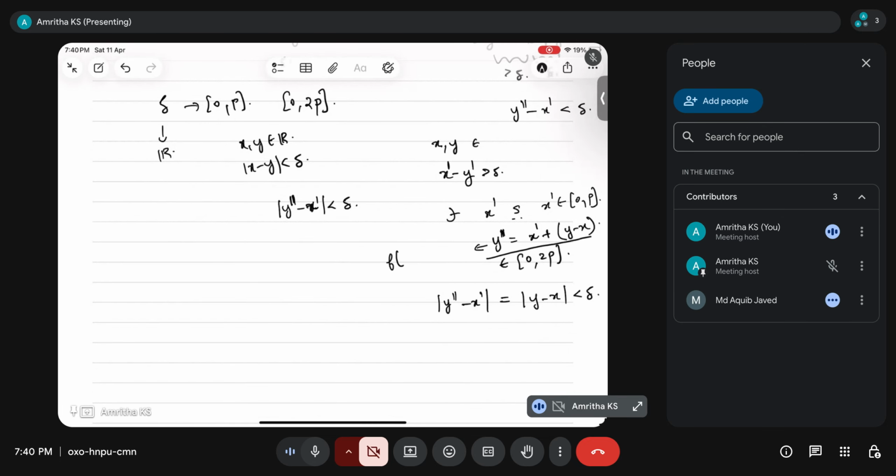You can show that this is equal to this. This is y double dash.